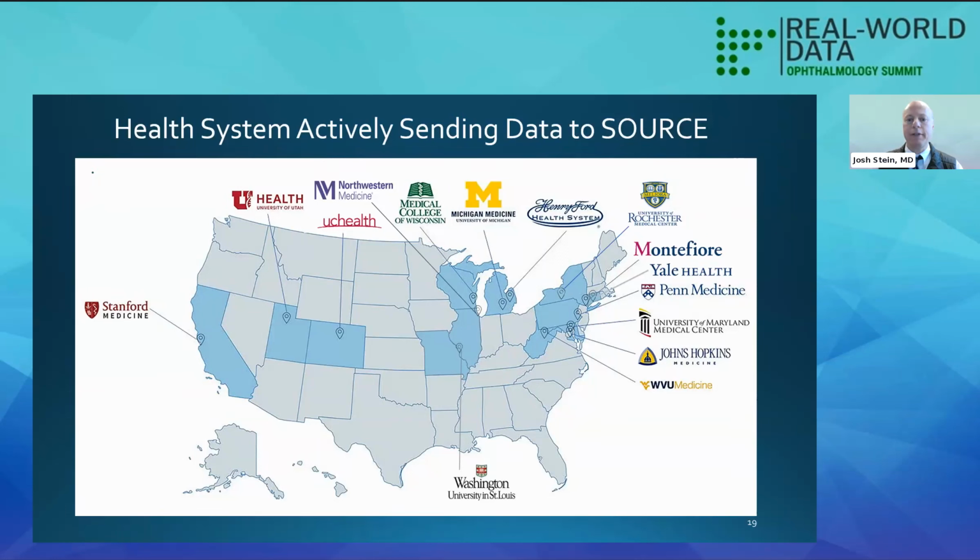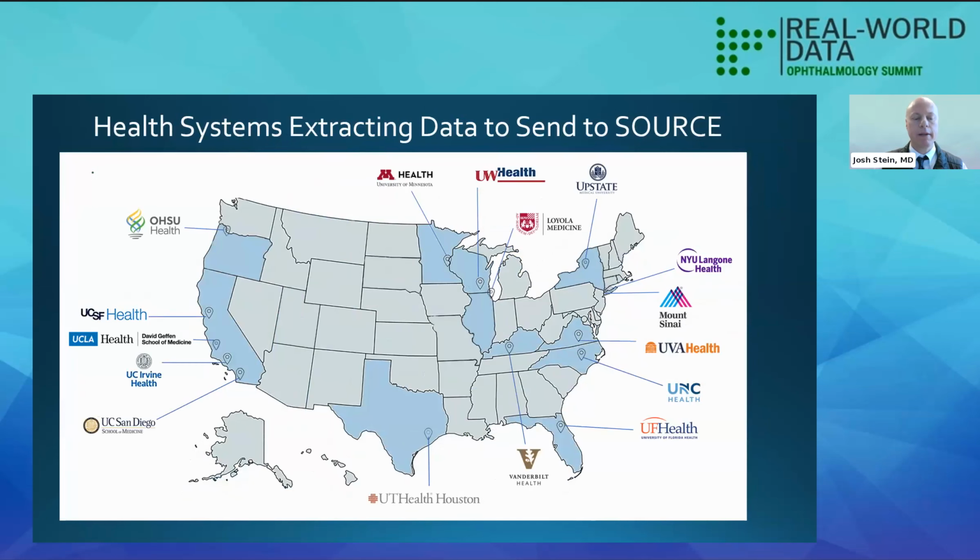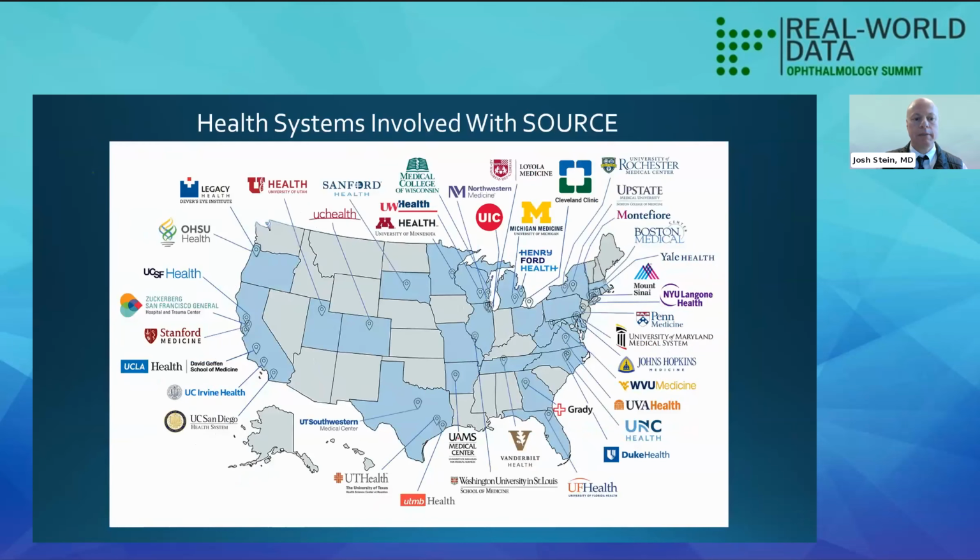These are active sites that have contributed their data and are actively working with SOURCE data. There are another 12 or so sites that are in the process of sending their data into SOURCE. And overall, there are several dozen sites across the country that are getting involved in SOURCE.